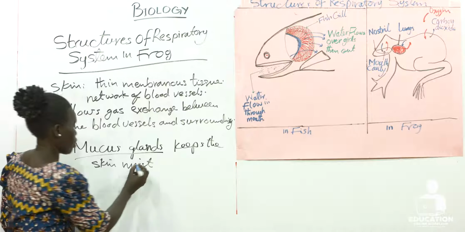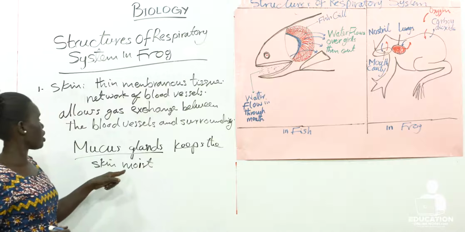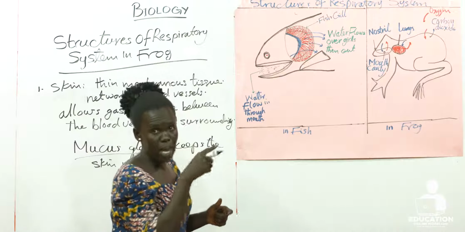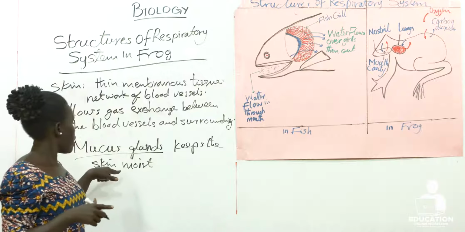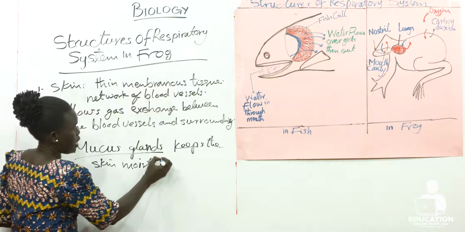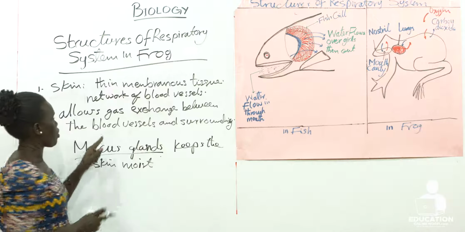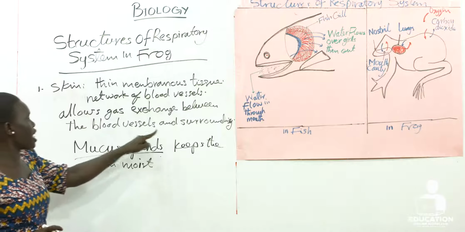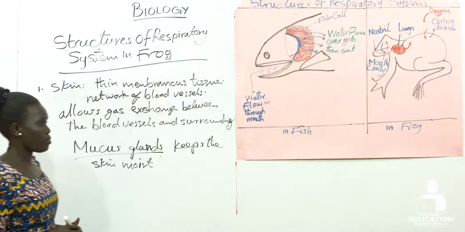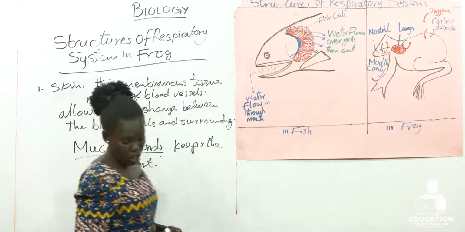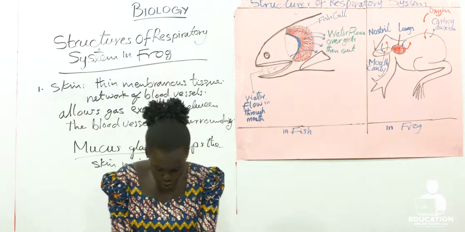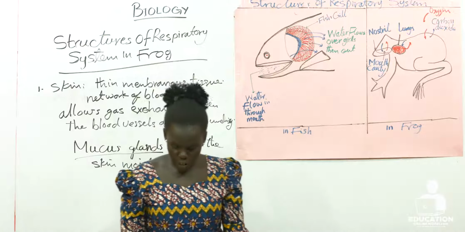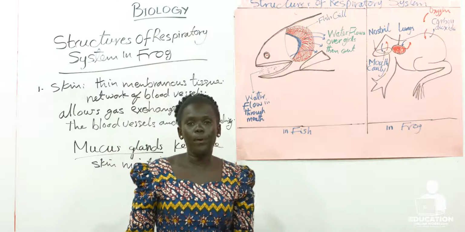Because that water allows the oxygen to dissolve. So when the oxygen from the air dissolves, the gas can be exchanged through the skin between the vessels and the surroundings. Therefore, when the frog is out of the water, mucus glands in the skin keep the frog moist to absorb dissolved oxygen from the air.